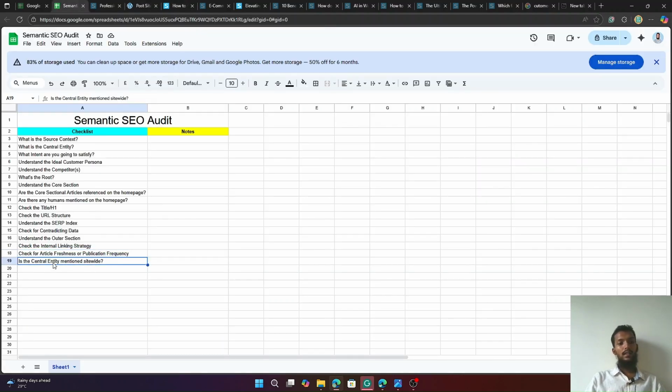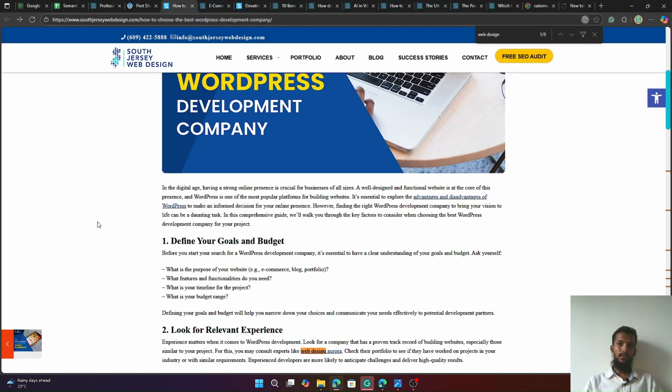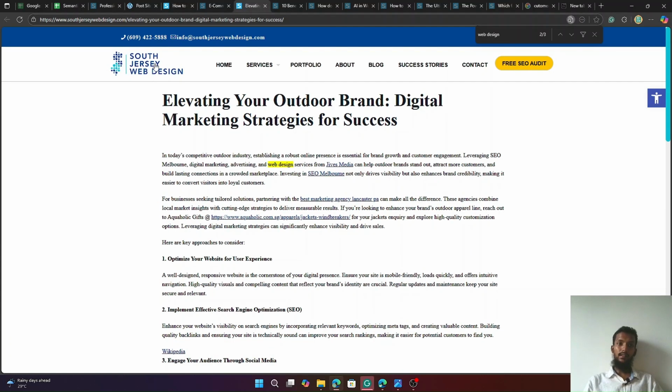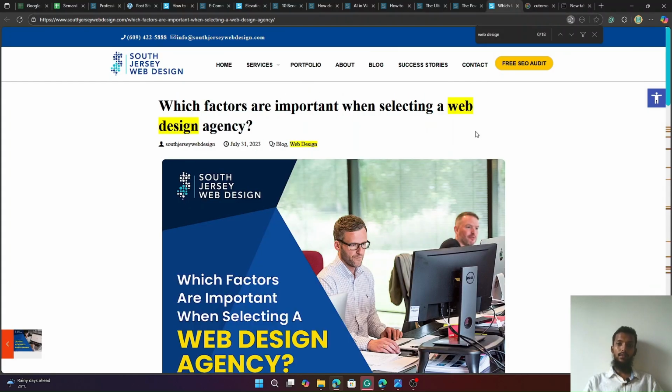And the next one I have, the final one, is the central entity mentioned site-wide. So I have searched all of their articles that I have opened, and the good thing is this is a web design agency, like I said, and for all of their articles web design was mentioned.